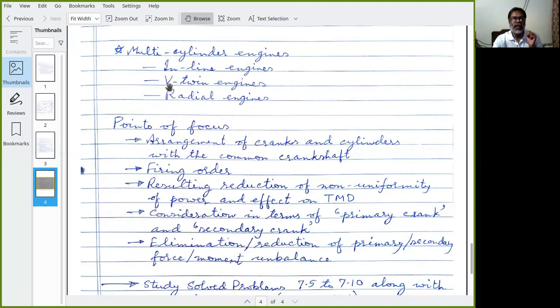So in a V-twin engine, what happens? The unbalance in one direction corresponding to one cylinder and the unbalance in the other direction corresponding to the other cylinder, both have one component opposing each other which balances. The other components, of course, will add.